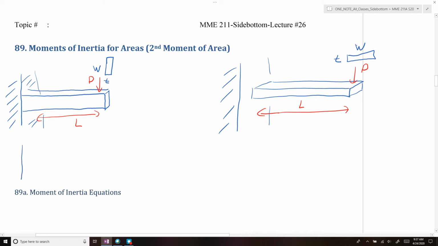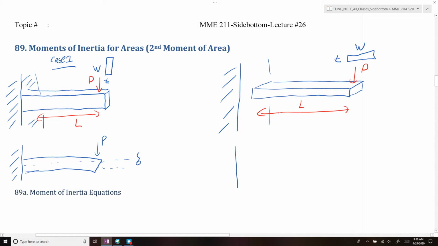In the case of our first case, we only notice a very slight bend in our beam due to that applied force, and we'll call that deflection.